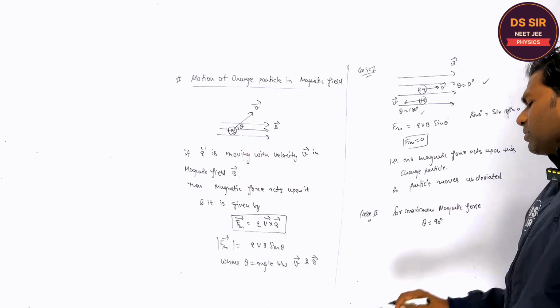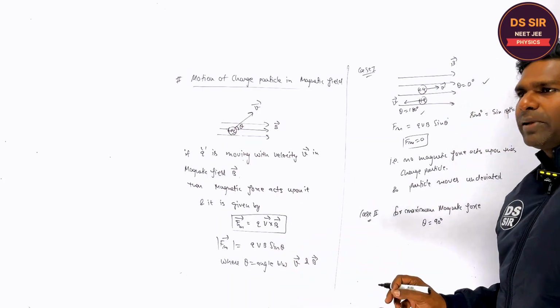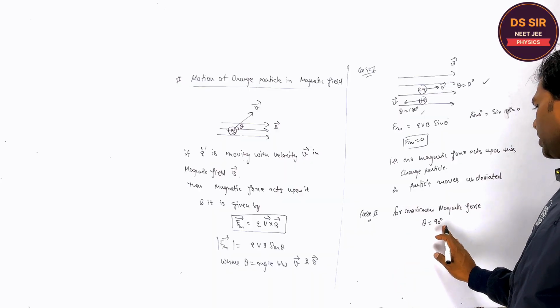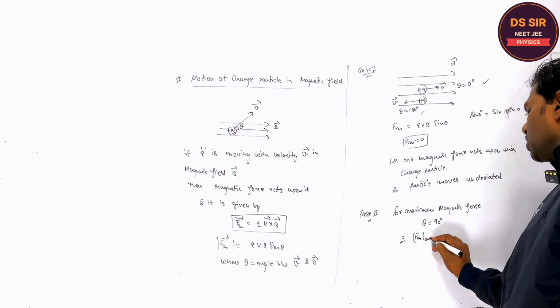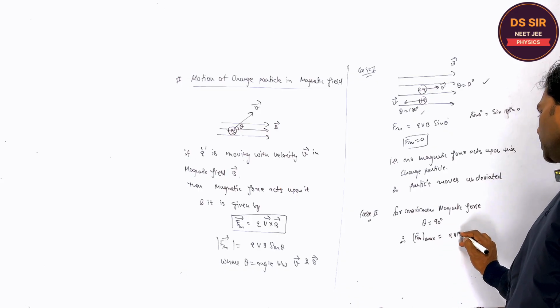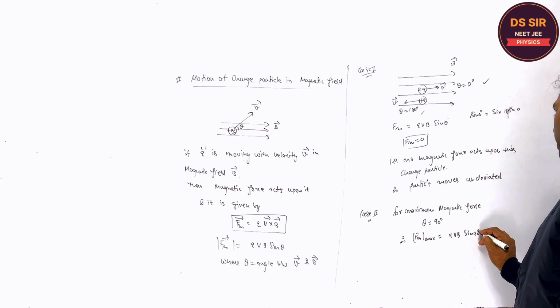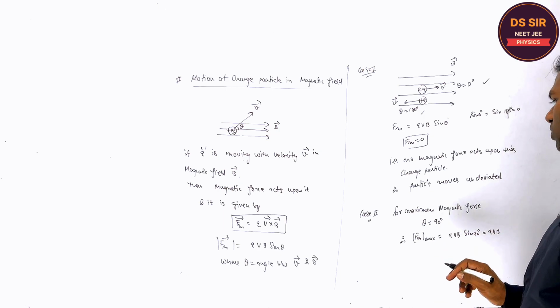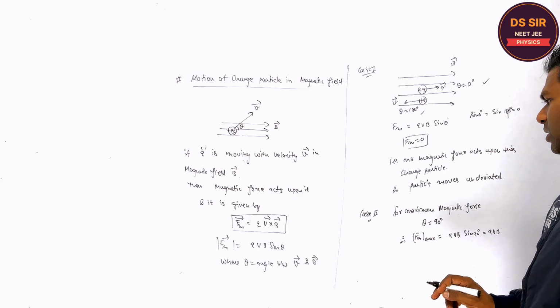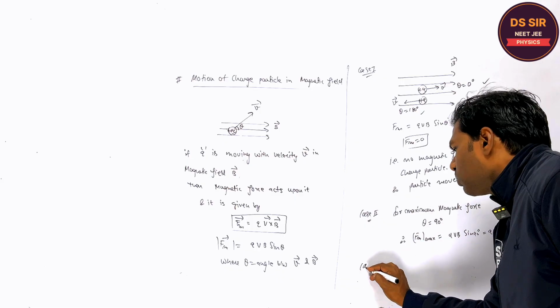Say 90 degrees, because sin theta is maximum for theta equal to 90 degrees. So the maximum magnetic force is QVB sin 90, and its value is QVB, because sin 90 is 1. This is the maximum magnetic force acting upon the moving charged particle. You understand? Listen, one more thing.